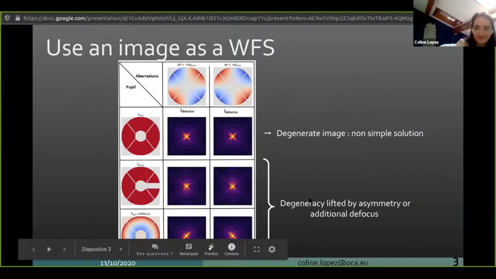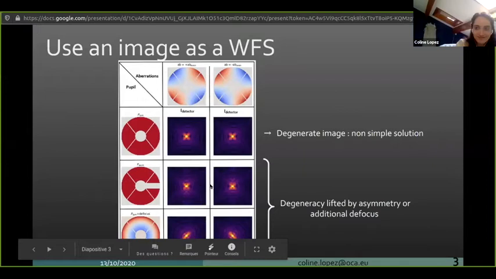So we input a sinusoidal shape on the DM. We record the modified image due to this DM shape. And we subtract this image from the reference image. So we save the differential image data cube here. And if we vectorize this data cube, we have the response matrix R.